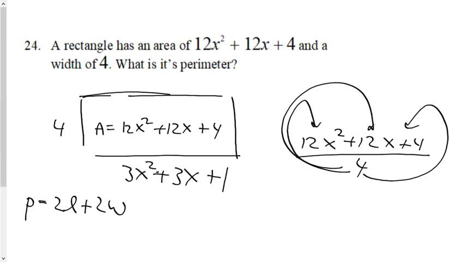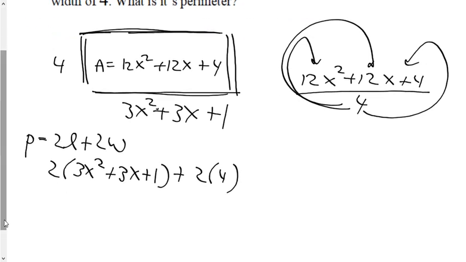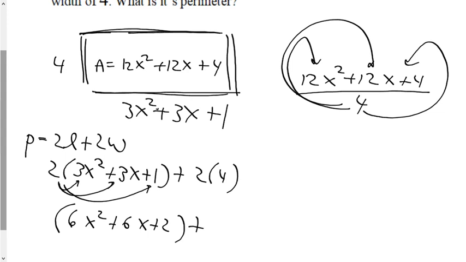Write your formula out. 2 lengths and 2 widths make a perimeter, or 2 lengths and 2 widths make the distance around an object, a rectangle, or 2 of these bad boys plus 2 of these bad boys would be its perimeter. Use your distributive property to show you're a genius. 6x squared plus 6x plus 2 plus 8.